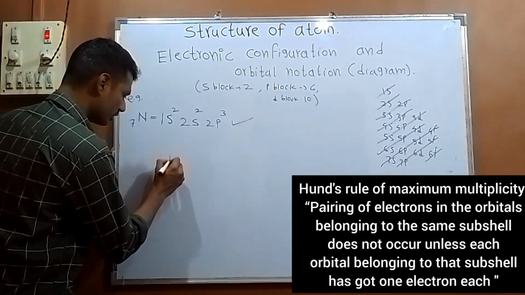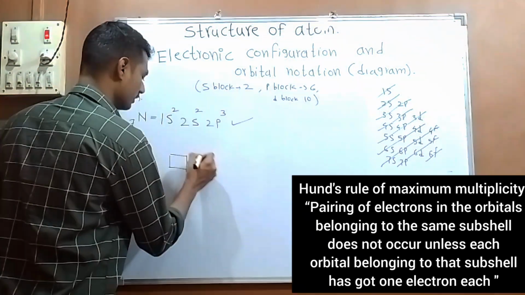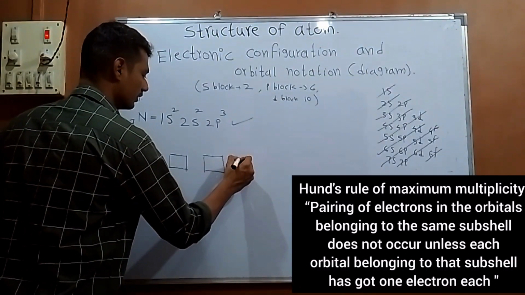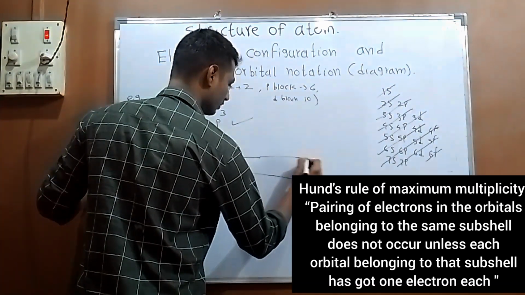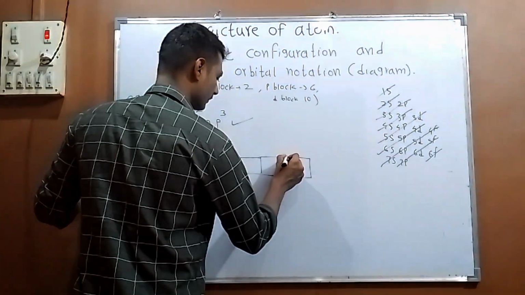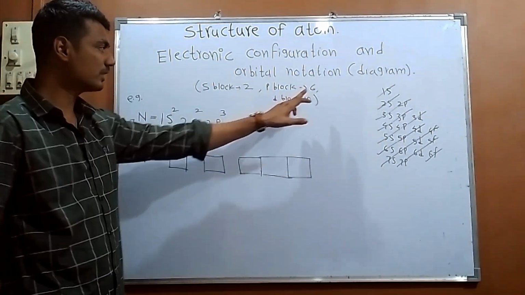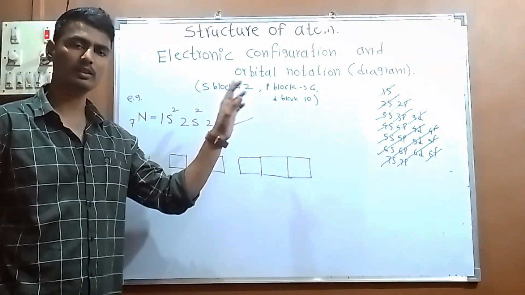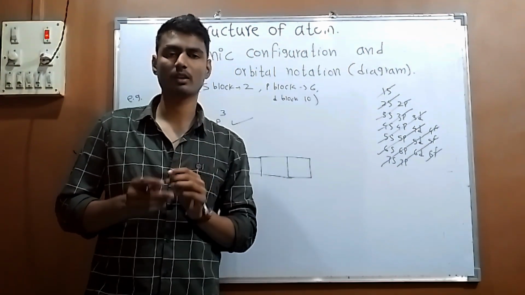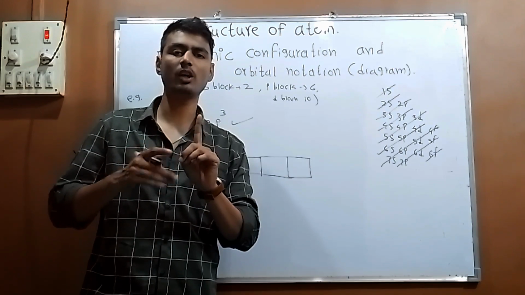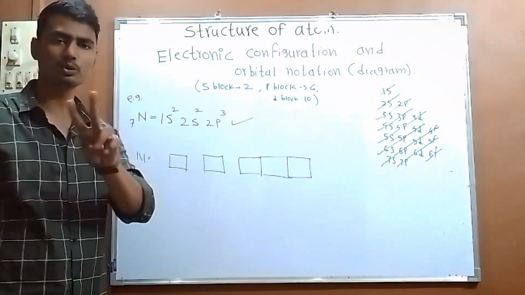Suppose this is the first subshell for 1s, this is the subshell for 2s and this is for 2p. As we all know, the p block can hold 6 electrons. Pauli's rule says that the electrons are there with opposite spins, and one orbital contains 2 electrons.